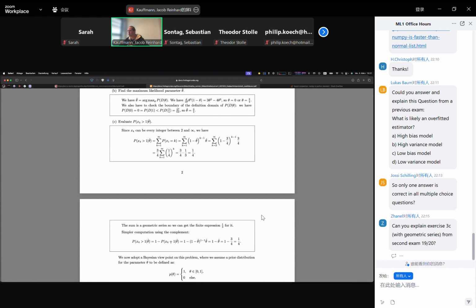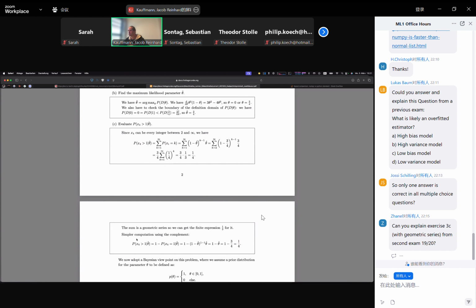So yeah, if you do it by a geometric series, then you still get the points, but I think it takes much longer to do it this way than this way.